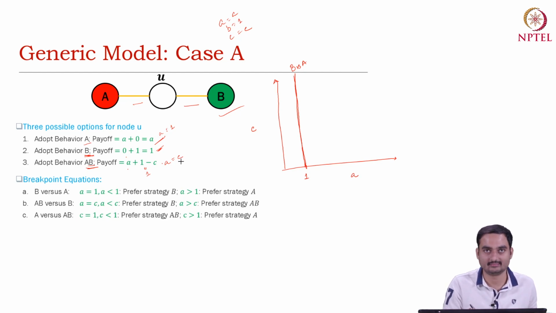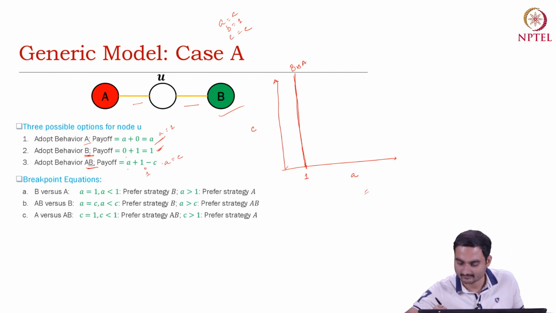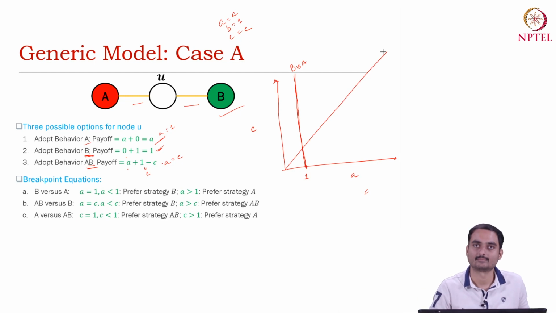So when A equals C, you will be confused between strategy B and AB. The A equals C line in this space would be this one. This is the A equals C line, and on it you will be confused between B versus AB.